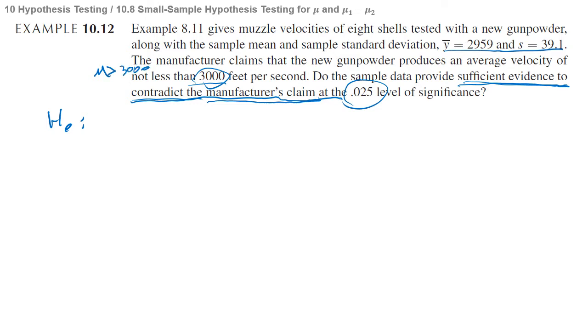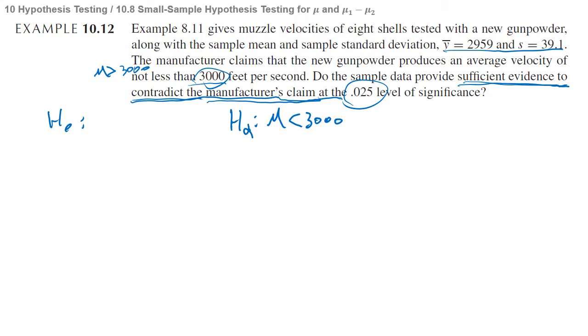So the manufacturer's belief is mu is greater than 3,000. And we want to test the contradiction of the manufacturer's claim, so our alternative should be mu is less than 3,000. We want to test whether the contradiction of the manufacturer's claim is true or not.